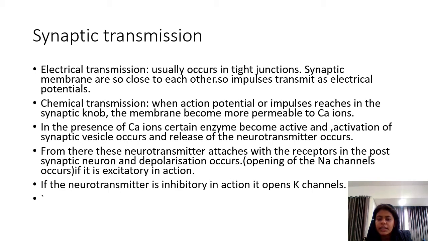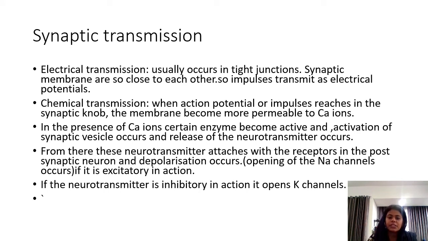This neurotransmitter attaches to the receptors present on the postsynaptic neuron. Then depolarization occurs in the postsynaptic neuron. How does this depolarization occur? Because of this, the sodium channels start opening, which causes the start of the action potential, that is depolarization.